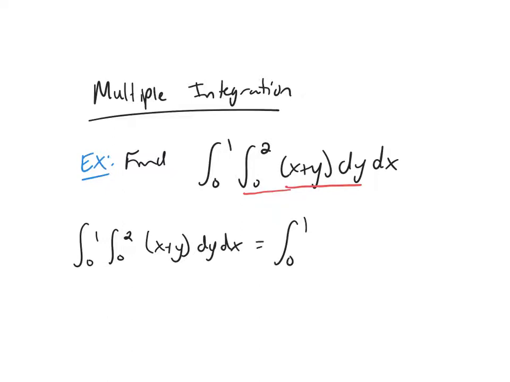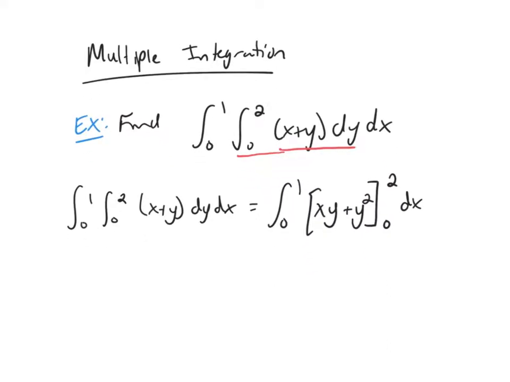So you're going to get x times y plus y squared from 0 to 2, and you're going to plug that in place of y. So you'll get 2x plus 4, and if you plug in 0, you'll get 0.